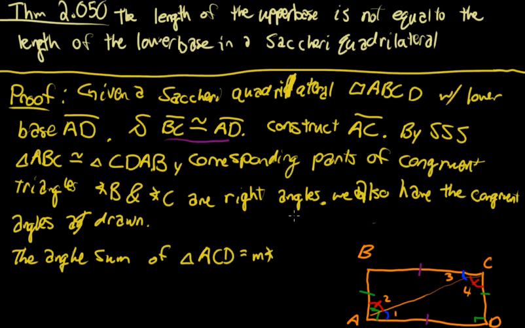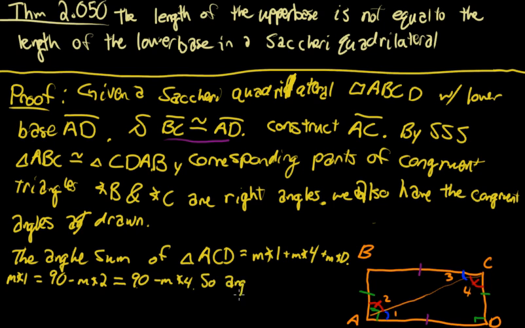So that is equal to the measure of angle 1 plus the measure of angle 4 plus the measure of angle D. Then measure of angle 1 equals 90 minus measure of angle 2, which is equal to 90 minus measure of angle 4.